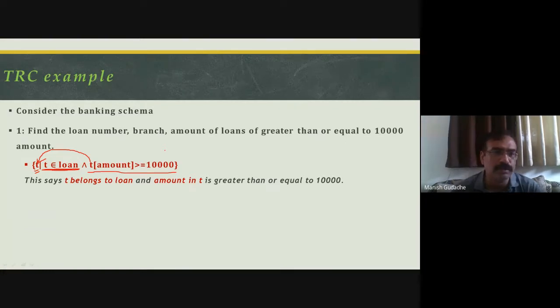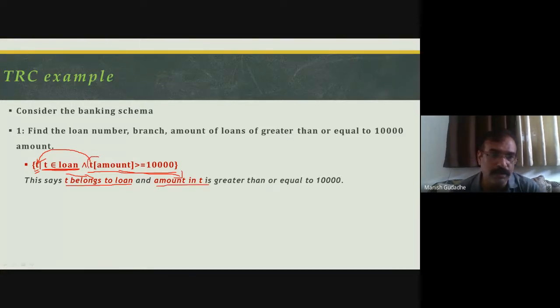So this says there exists T such that T belongs to loan. This condition says this, and amount in T, amount in that tuple which is going to be presented outside, is greater than or equal to 10,000.